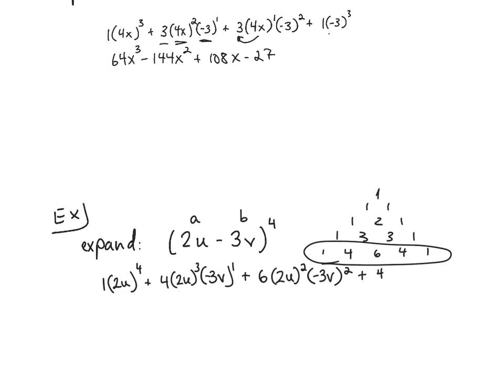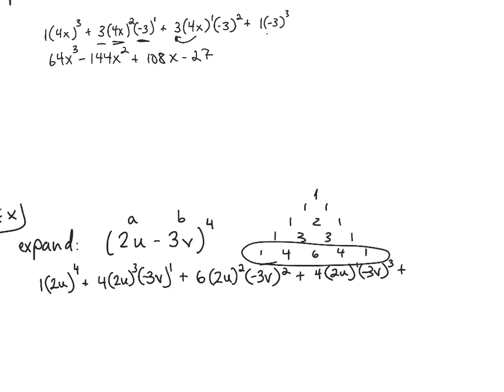Then we have a coefficient of 4 with 2u to the first power and negative 3v to the third power. Finally, last term, coefficient of 1, negative 3v to the fourth. And we simplify.